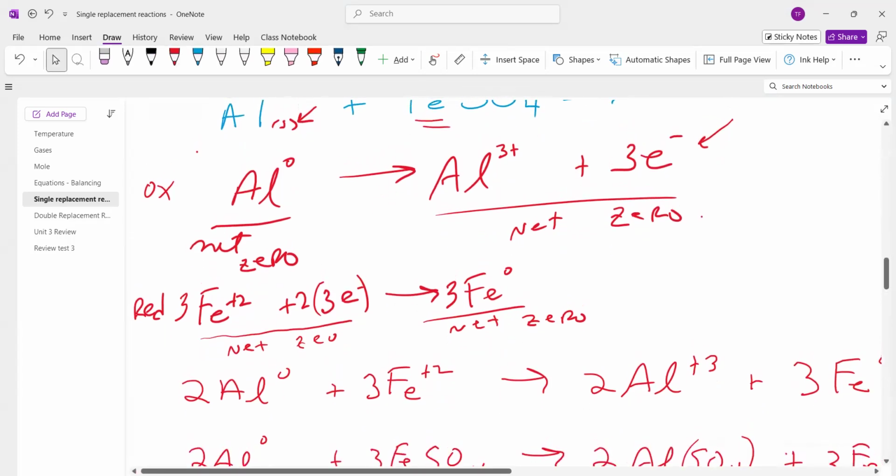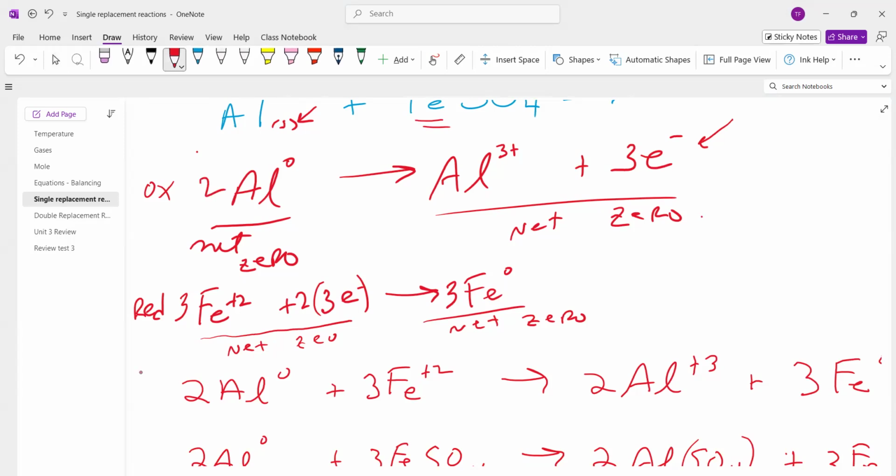Now, when we add these together, what must we do to the oxidation side? Okay, on reduction, we need 6 electrons. 2 times 3, 6, right? So in the oxidation side, we need 6 electrons also. So what do we do?